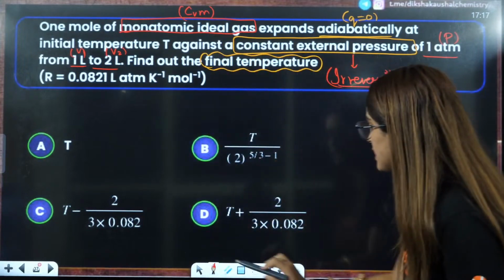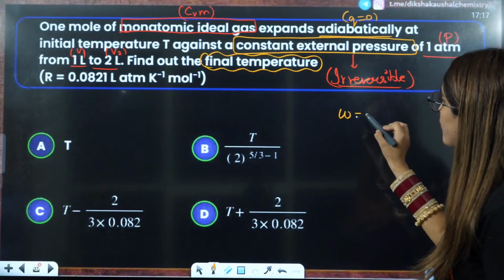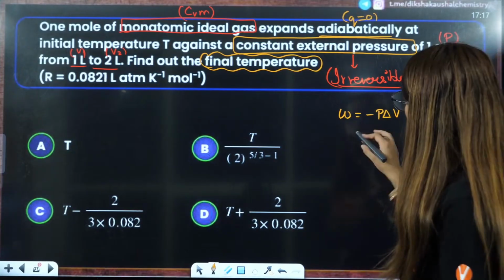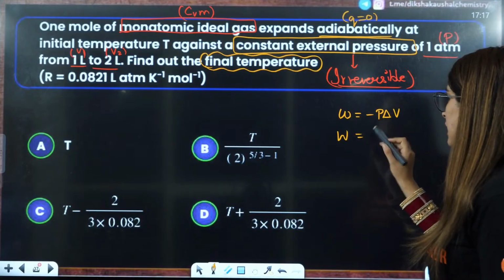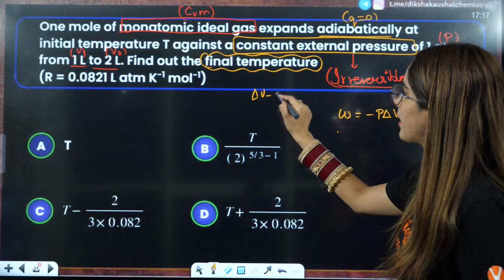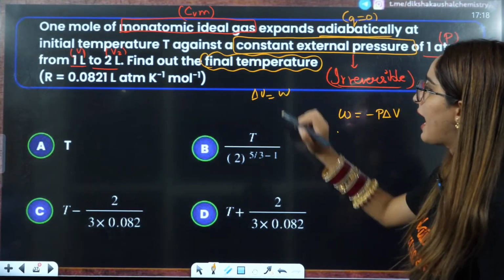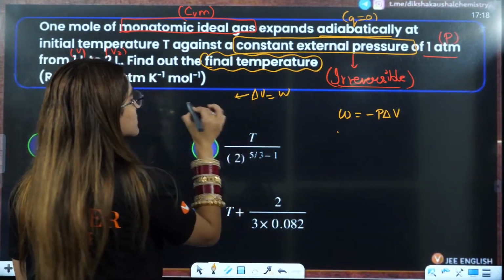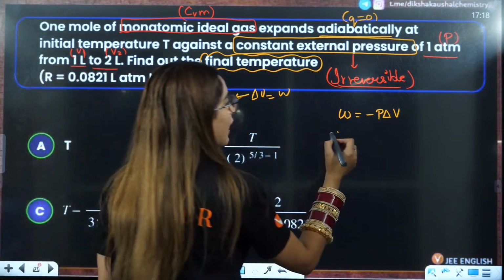Now, we know that work done is equal to minus P delta V. We also know that delta U is equal to W plus Q. If Q is 0, then W and delta U are the same. And we know that delta U is n Cvm delta T. So you can put the value here.